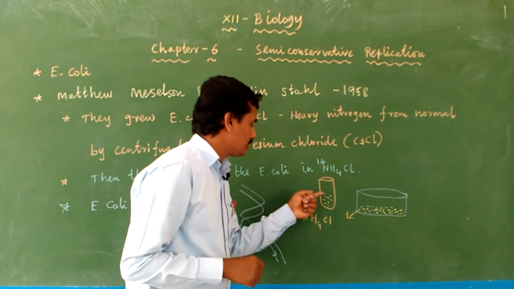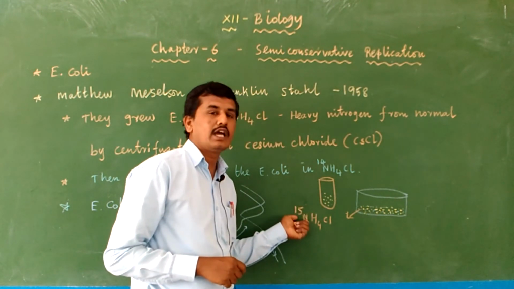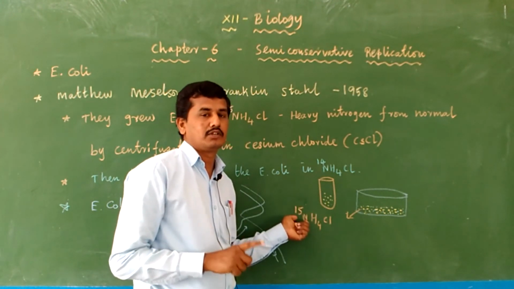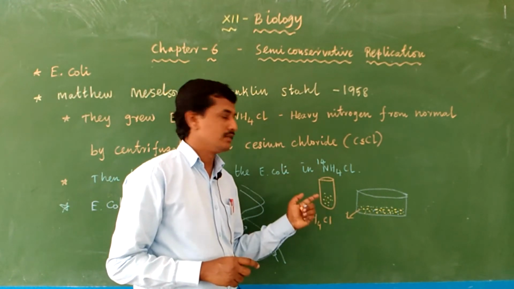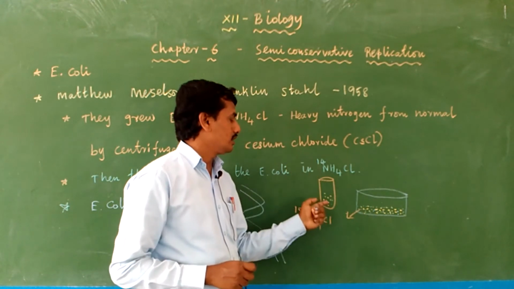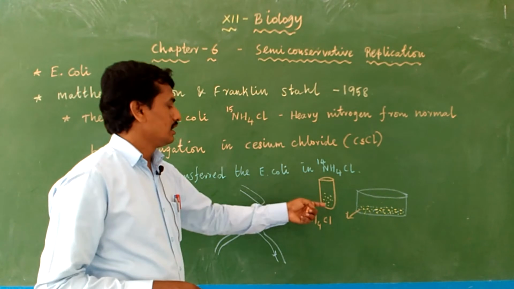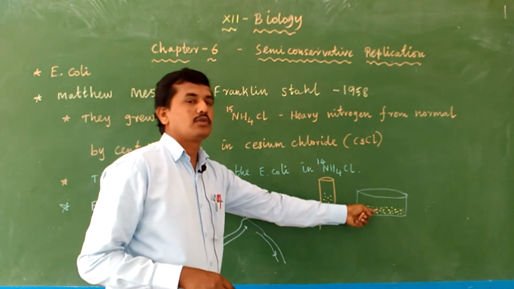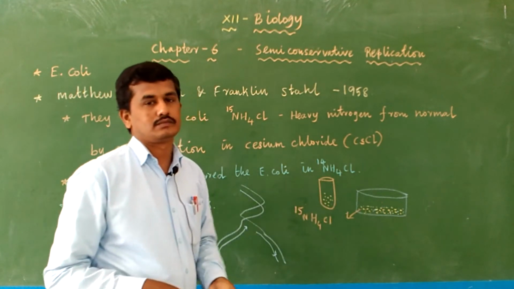Ammonium chloride means the bacterial DNA contains nitrogen 15 in the nitrogen bases of the E. coli bacterium. Cesium chloride is also present as the coloring substance.